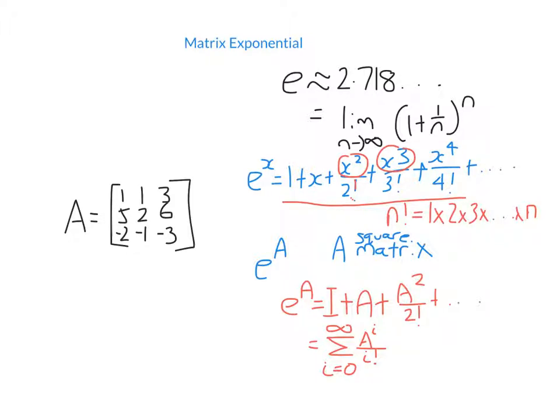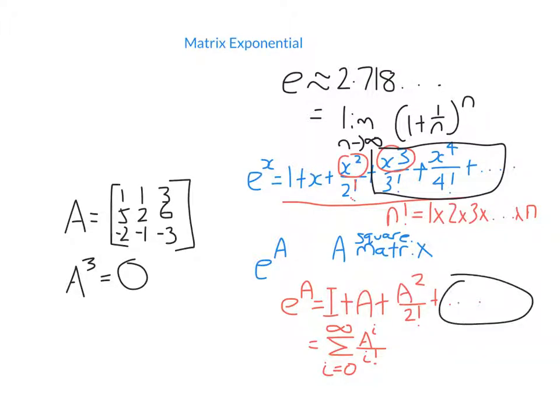The reason that we're only going to need a few terms to calculate the matrix exponential is that this matrix is actually nilpotent. A to the power of 3 actually gives you the 0 matrix. So in the sequence of terms, all of these terms here and all these terms here, they will be 0, because if A to the power of 3 is 0, all subsequent powers of A will be 0.